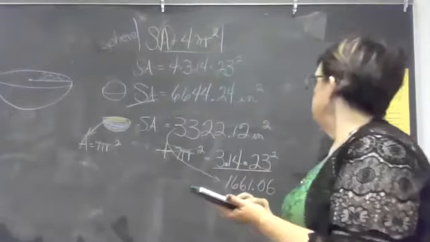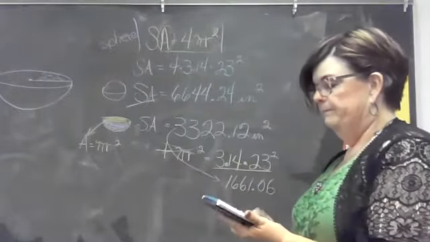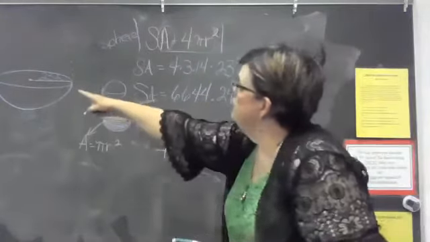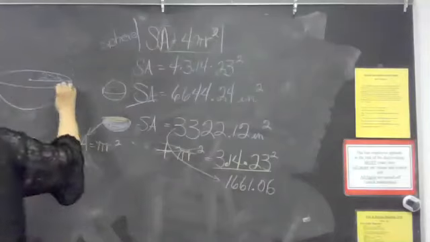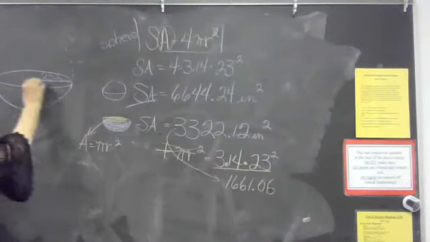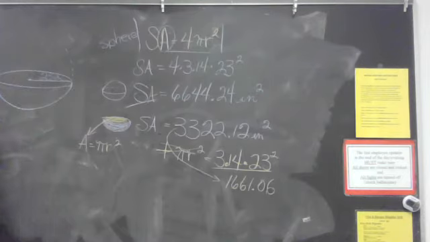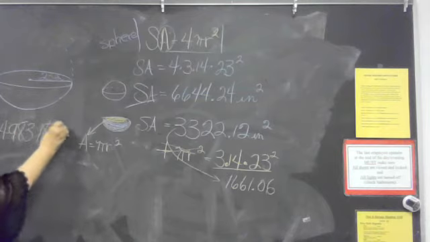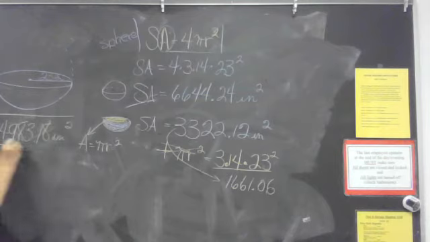And so we're going to add those together now, and we have 3322.12. The surface area of the hemisphere: we found this by finding the sphere and dividing by 2, then we had to add in this circle that I'm going to paint, and your surface area answer should be 4983.18 inches squared.